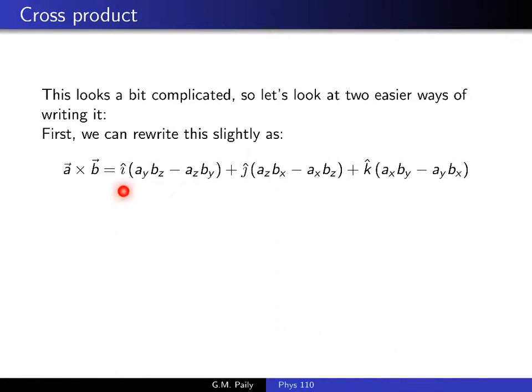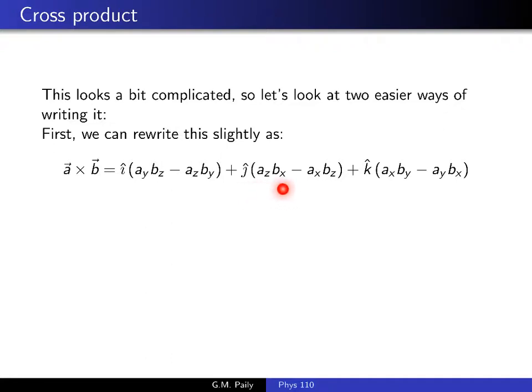We know that i hat is associated with the x-axis, and so we see a pattern x, y, z. What about this term? We leave the i hat alone, but switch the subscripts on the other two terms. ay bz has now become az by, and we stick a minus in between.